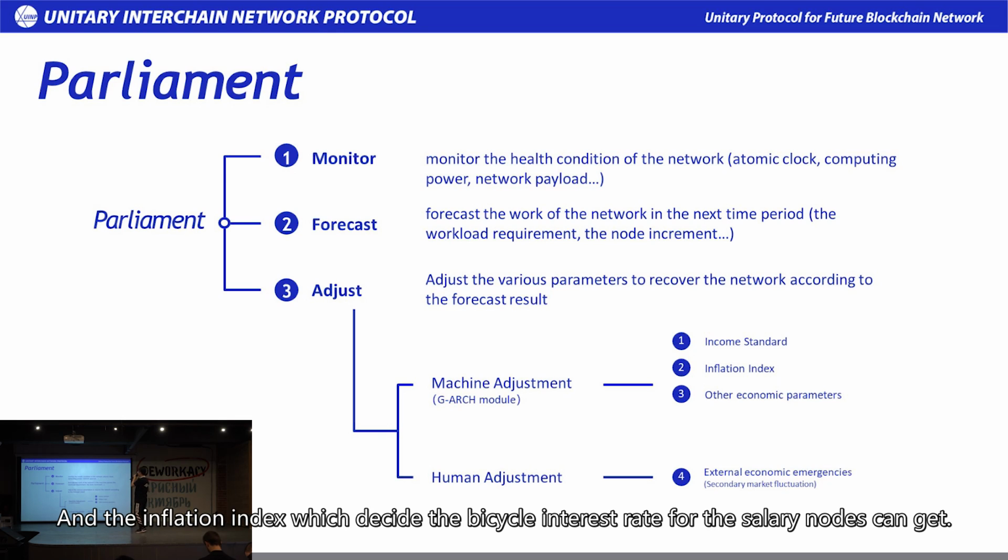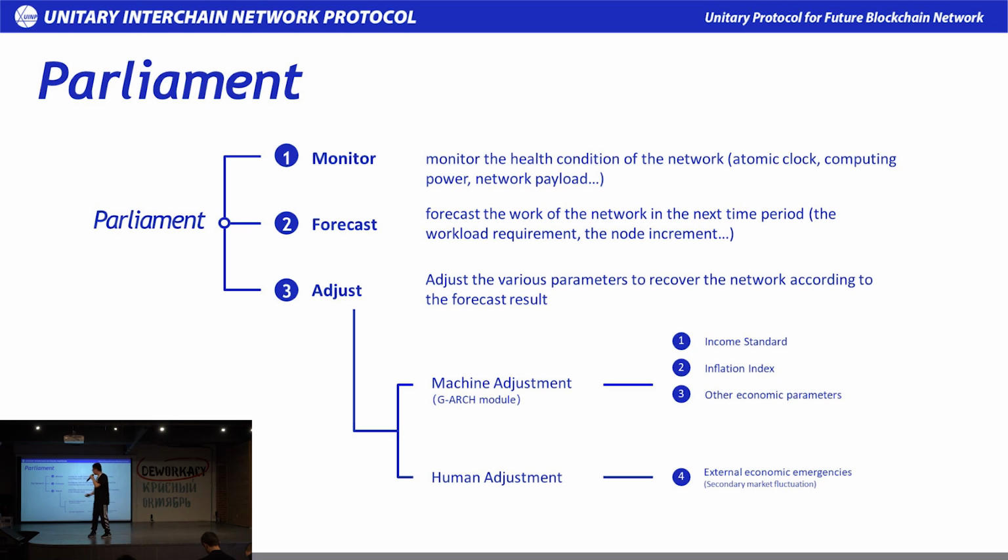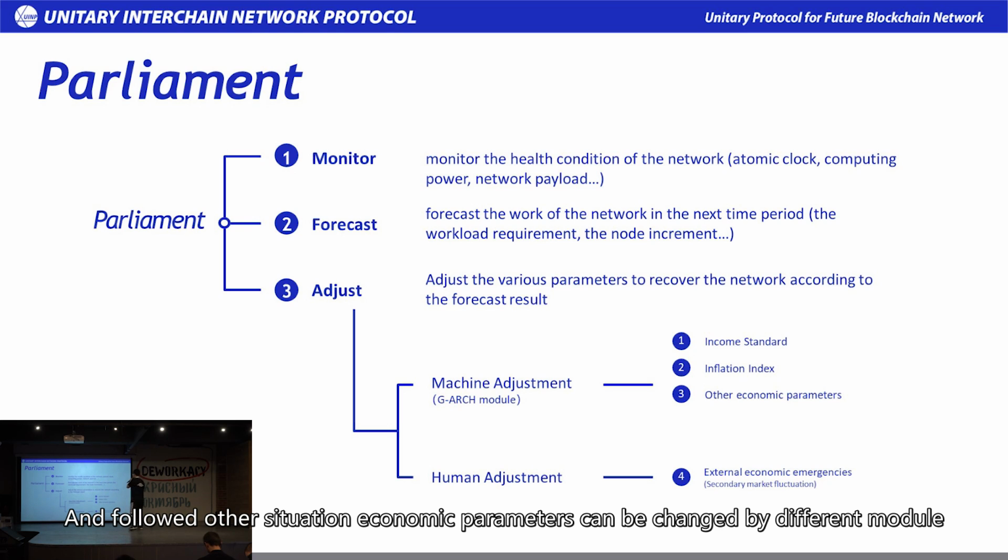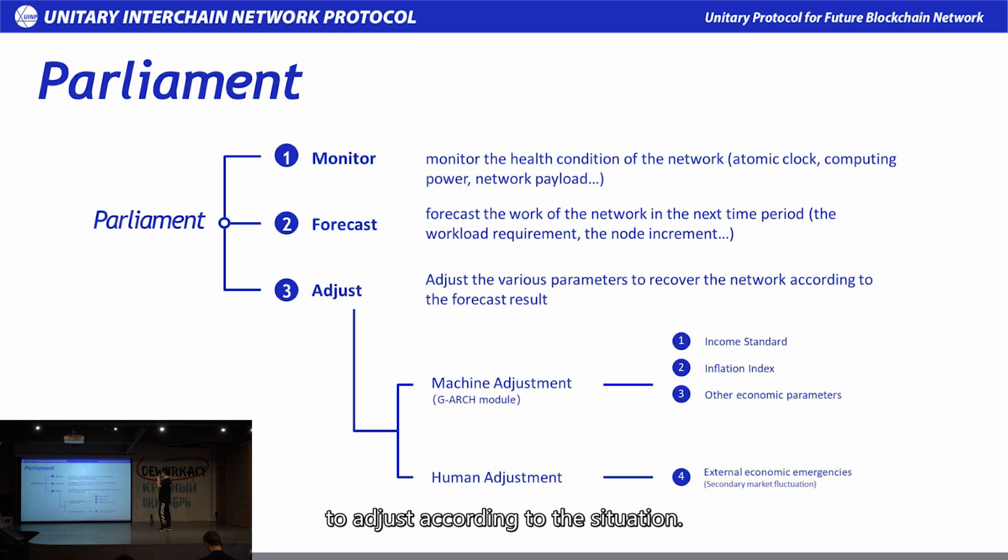And the inflation index decides the best cycle interest rate for the salary nodes can get. And for other situations, economic parameters can be changed by different modules to adjust according to the situation.